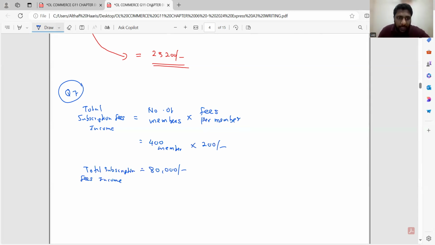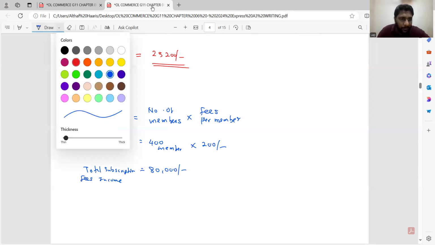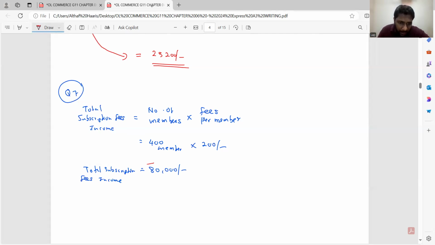Now what you have to understand, people, is that from this 80,000, certain people have given the money and certain people have not given the money. Cash received, cash not received.